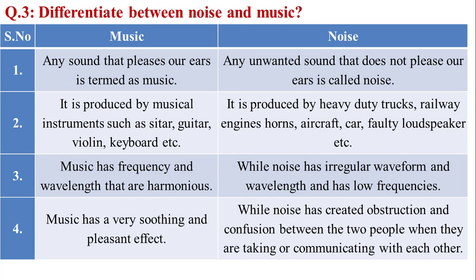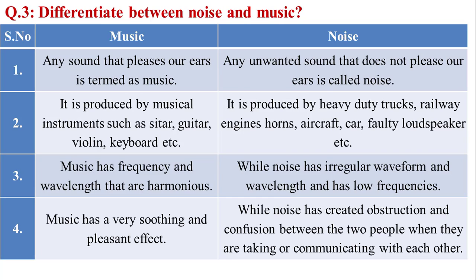Similarly, music is produced by musical instruments such as sitar, guitar, violin, keyboards, etc. But noise is produced by heavy duty trucks, railway engine horns, aircraft, cars, loudspeakers, etc.